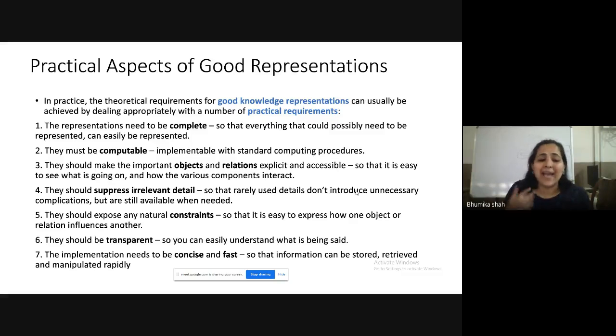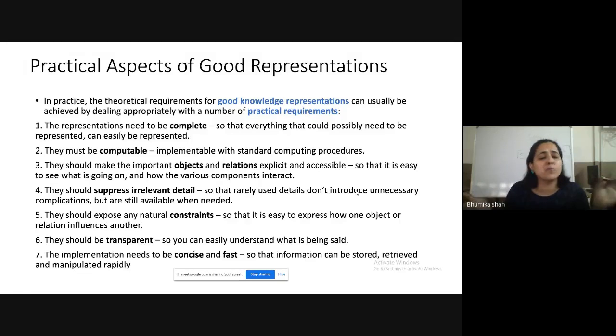The next property is that it should expose as many natural constraints as required, so that it is easy to express how objects and relations influence each other. Whatever natural constraints are available in your problem domain should be specified properly, so that the user is very clear about the dependability of objects and relationships on each other.